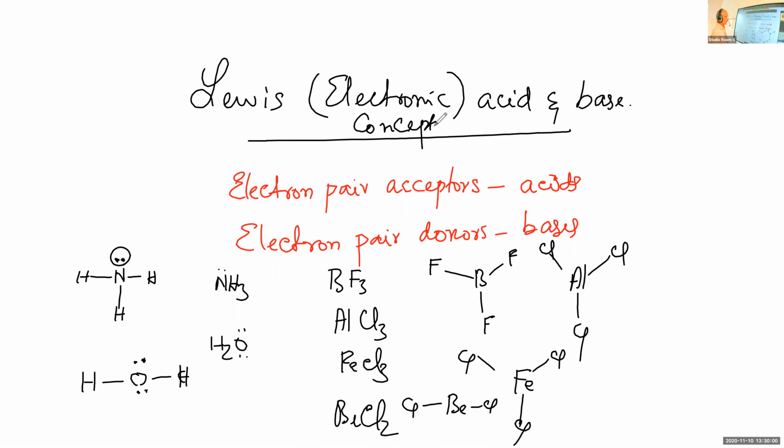So Lewis acid, electron pair acceptor; Lewis base, electron pair donor. So there will be an electron pair acceptor-donor relation between acid and base according to the electronic concept, or the Lewis concept of acid and base.